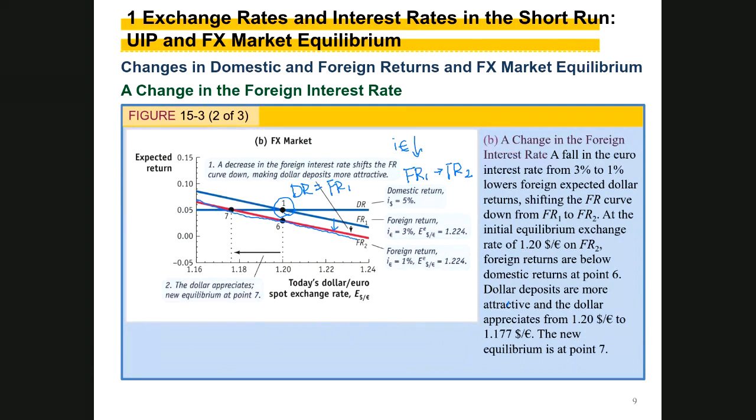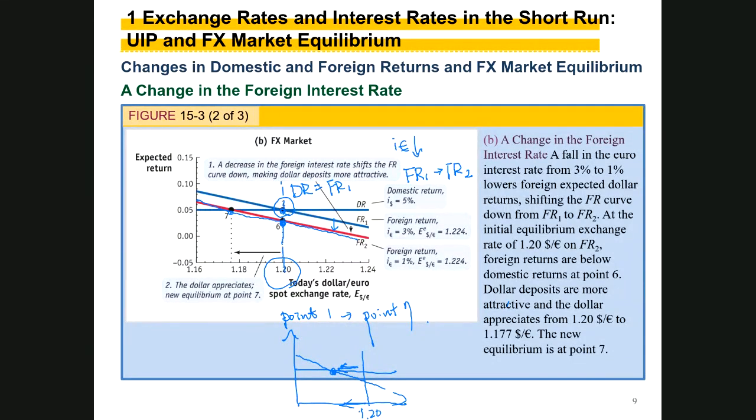So the equilibrium moves from 0.1 to 0.7. Once again, why can the original exchange rate not hold? The original exchange rate is here, right? So if you draw the new curve, this is not at the point of the intersection, right? So you will have a force in the market pushing the dollar to appreciate as well.